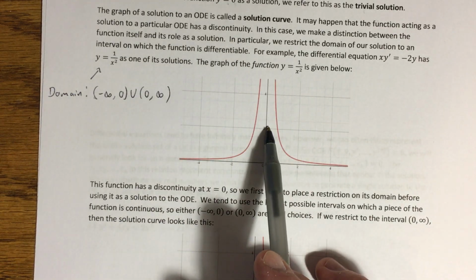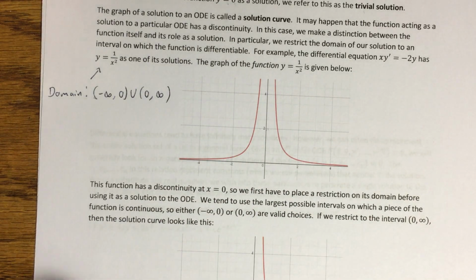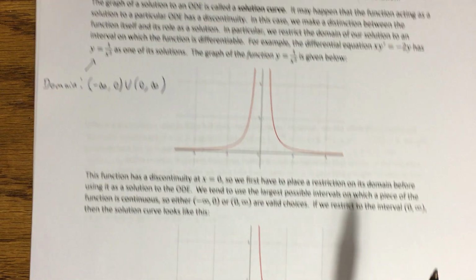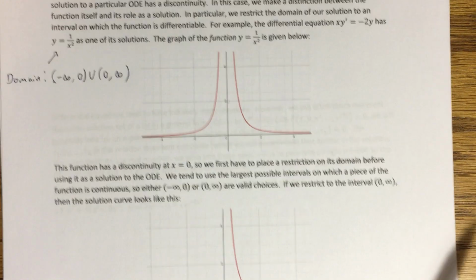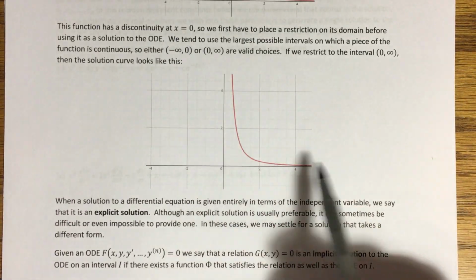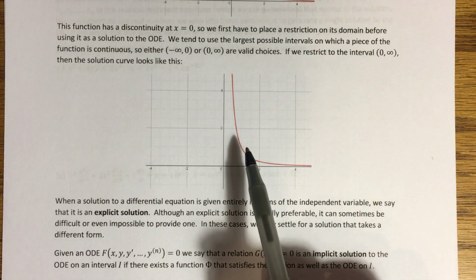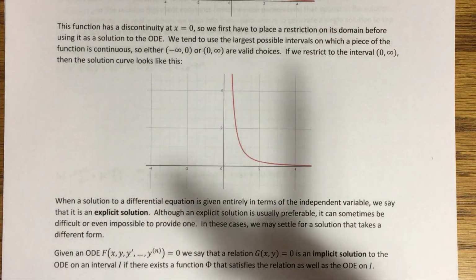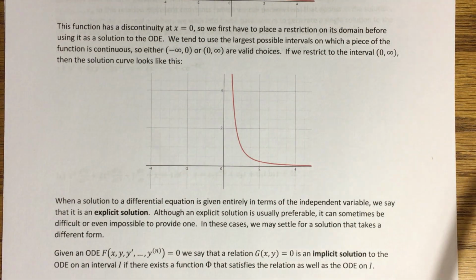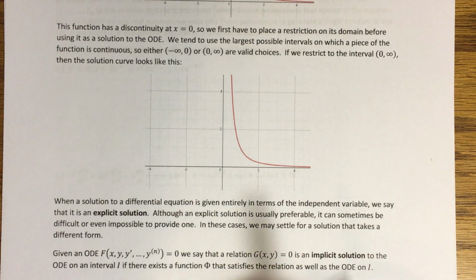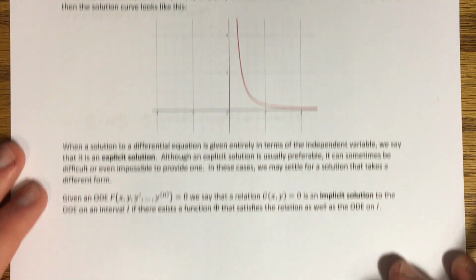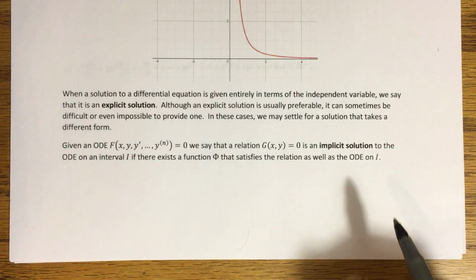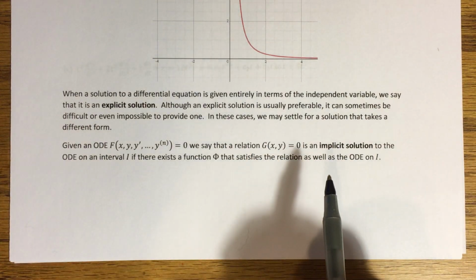Again, this is the distinction between just any function and that function as a solution to a differential equation. We cannot have any discontinuities in such a solution, so we restrict its domain to one interval on which it's defined.